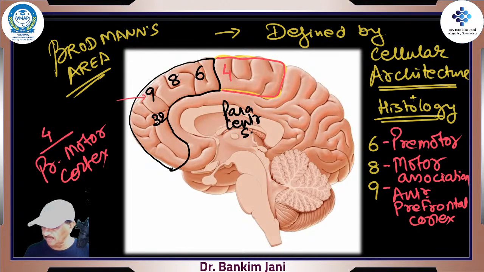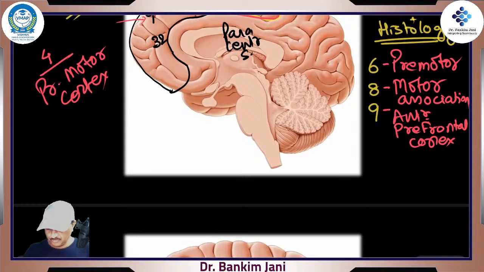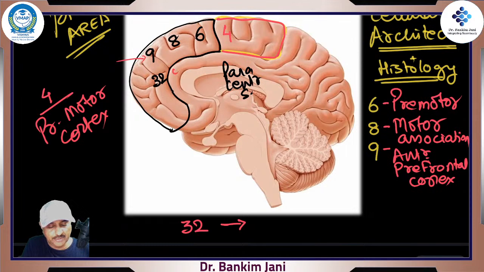Anterior prefrontal cortex. But this 32, I am writing separately. This 32 is associated right over here. This is the cingulate gyrus. This is cingulate.